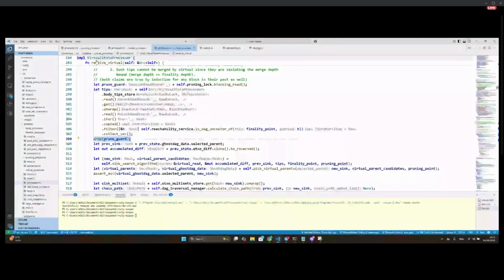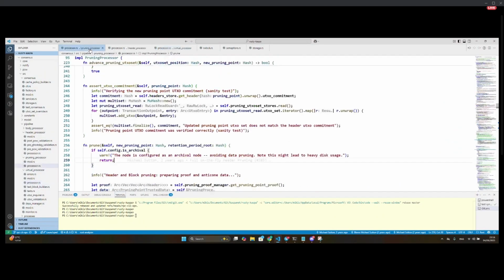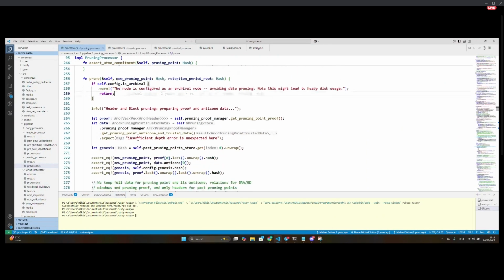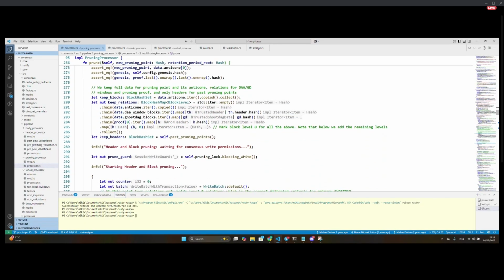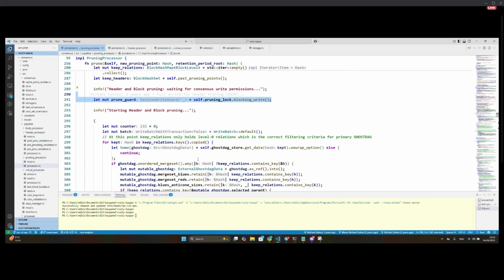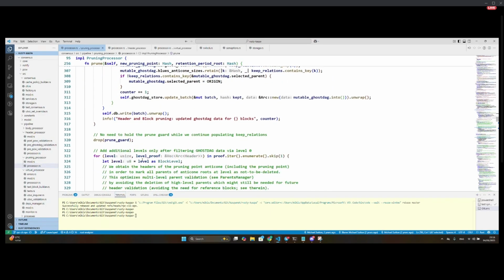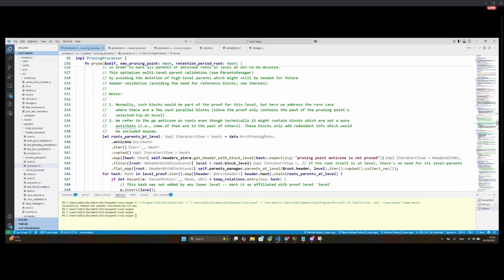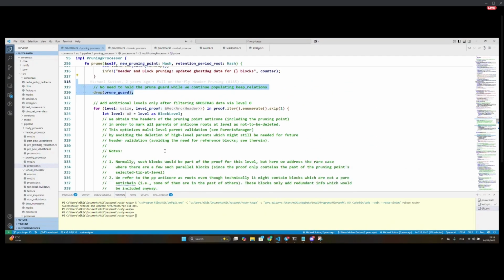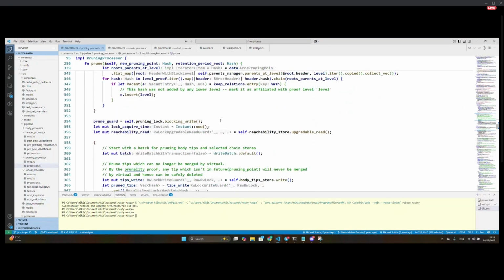So yeah, and in terms of the prune not catching the write for too long, that's explicitly managed. This is the only place in the code where we acquire this lock for writing. And we make sure to release it. For instance, it's released here, and then we acquire it.